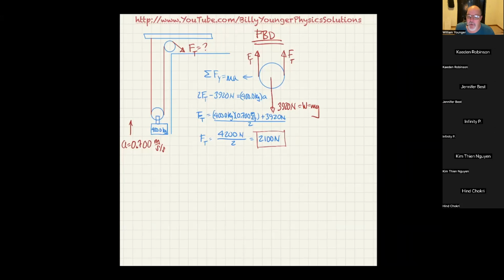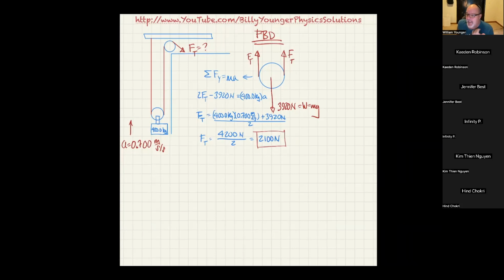When you look at it that way, then you can see, oh, if I didn't have any acceleration at all, then basically I would be taking 3,920 and dividing that by 2. And that would give me 1,960, which is literally half of the weight that I wanted to lift.